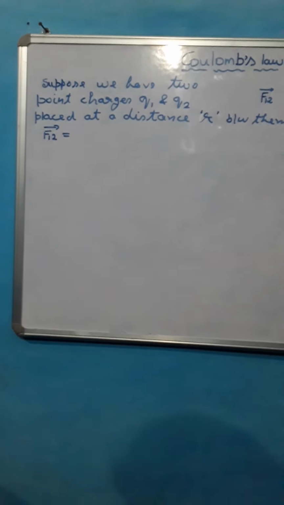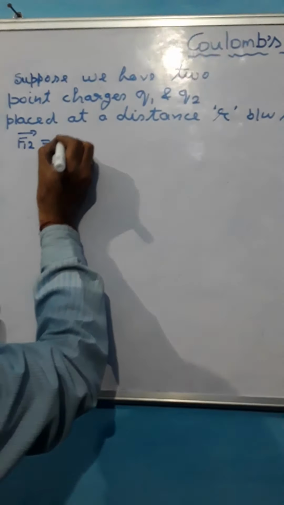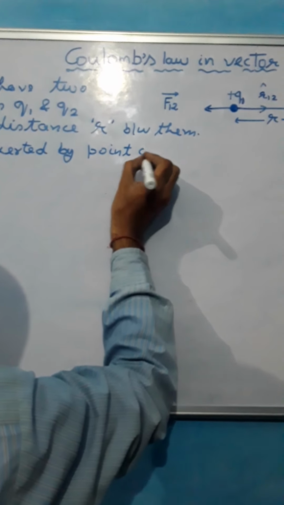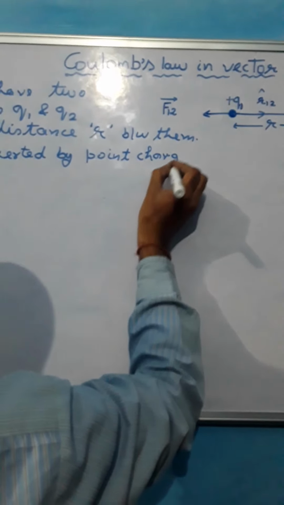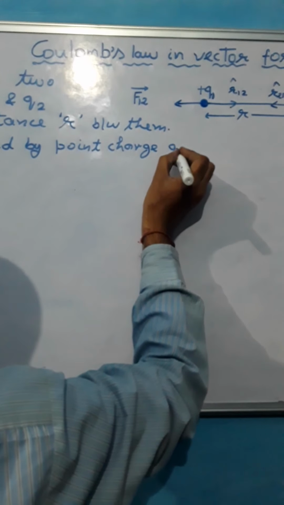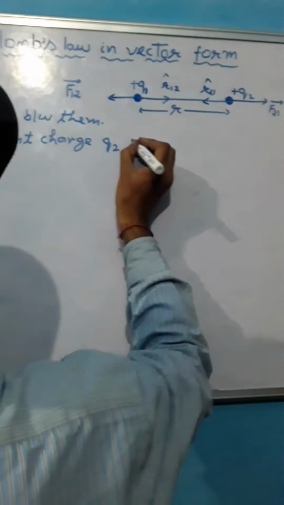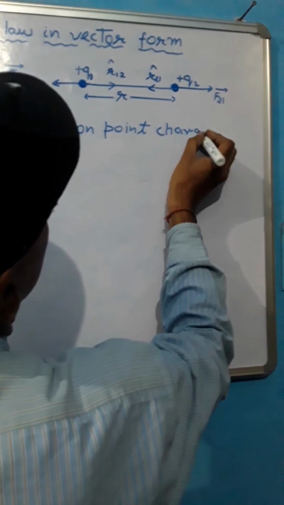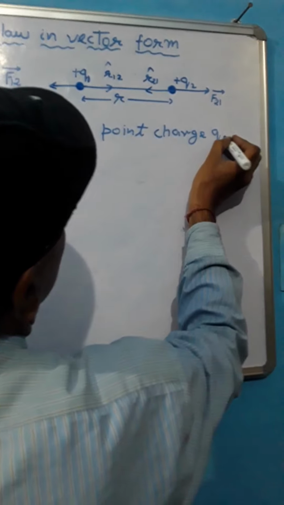F12 with a vector sign means force exerted by point charge Q2 on point charge Q1.